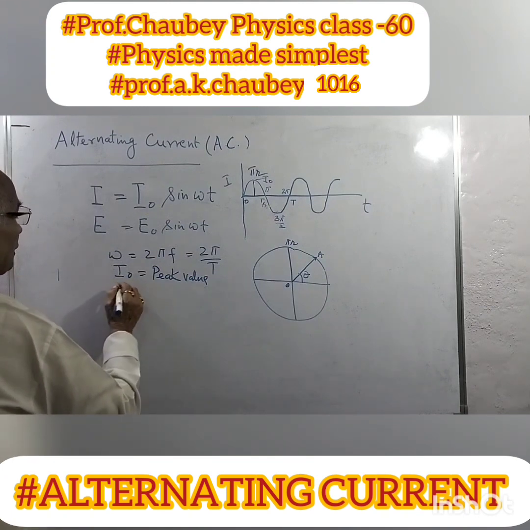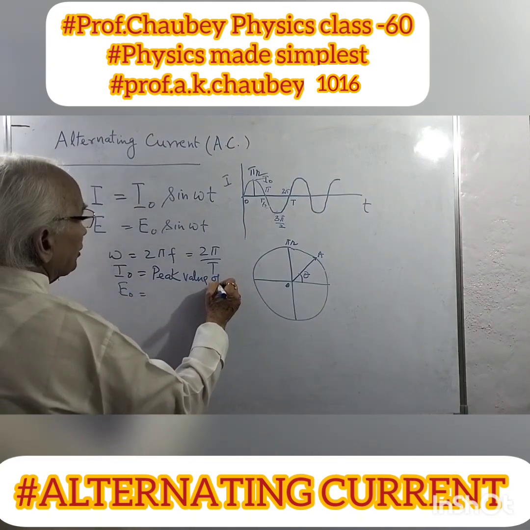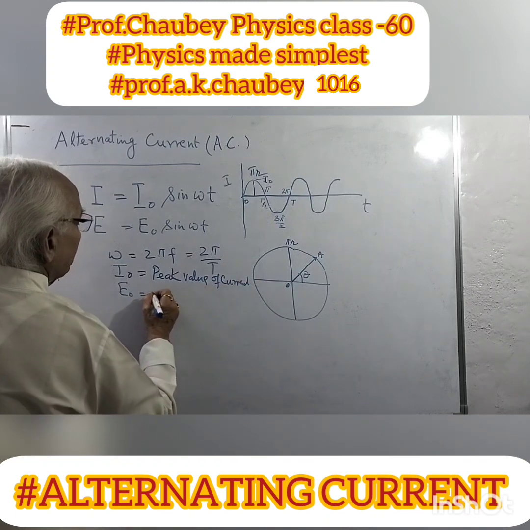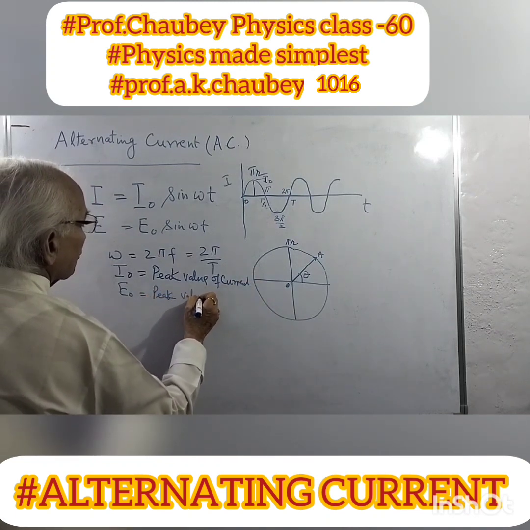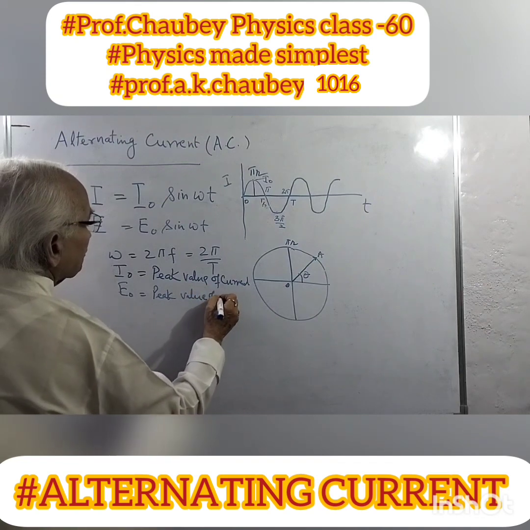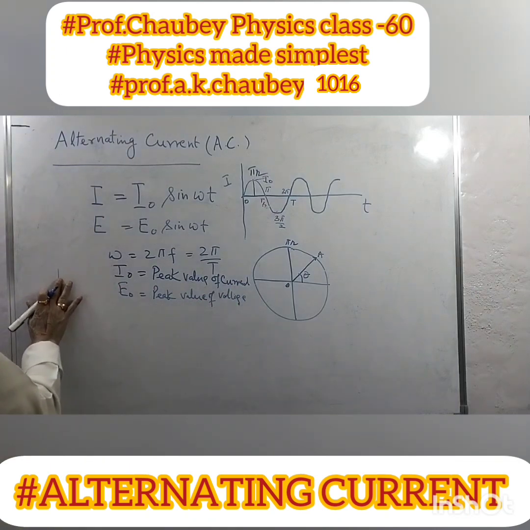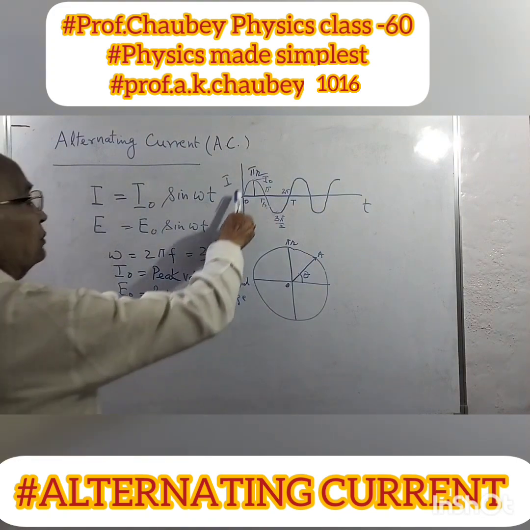I naught is the peak value of current and E naught is the peak value of potential, the peak value of voltage. Mean value means the mean over the full cycle.